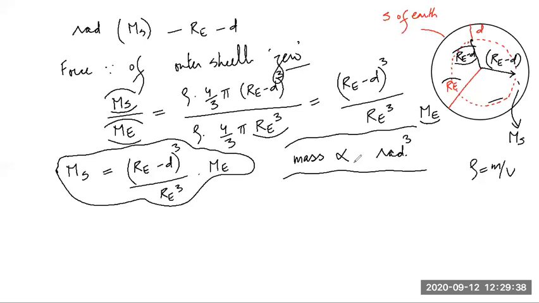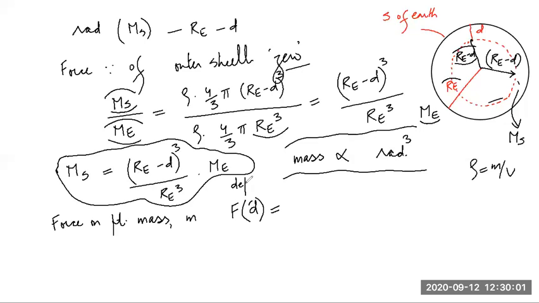So mass is always proportional to radius cube. So guys, you see that now. What is the force on point mass m? Now the force is a function of d. What is d, Ishma?